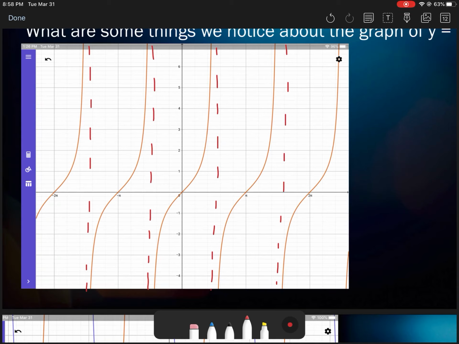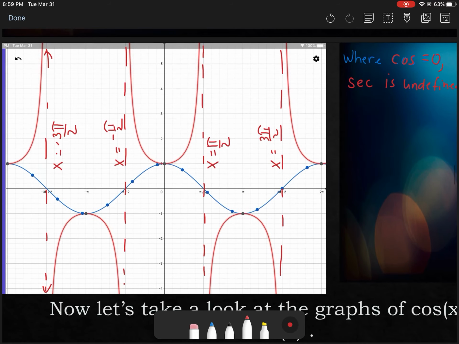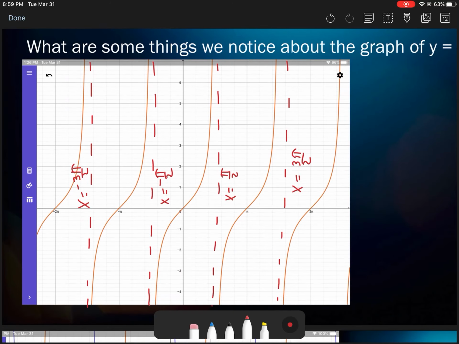All right. So again, remember, it's where cosine is equal to 0. So this is going to be negative 3 pi over 2, negative pi over 2, pi over 2, and 3 pi over 2. Okay, notice it's going to be the same as what we had up here, because that's where cosine is equal to 0.